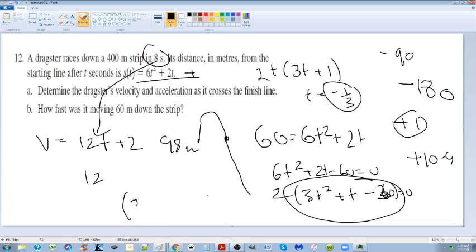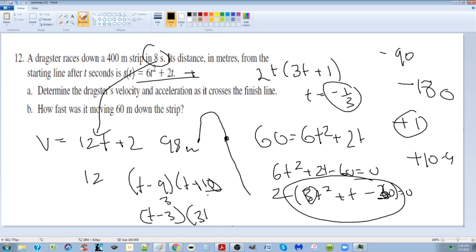So using 3t, this is the slip and slide method. Now we're going to take this 3. That's t minus 3. This 3 won't go into 10, so you get 3t plus 10.